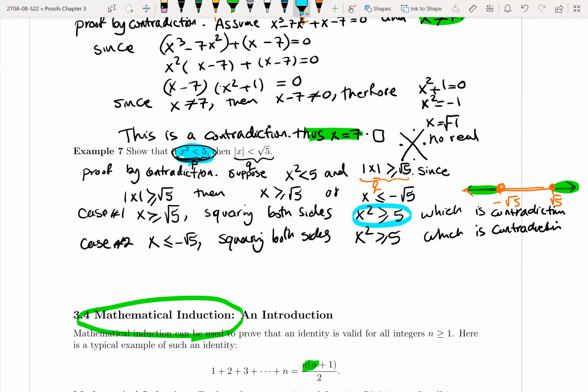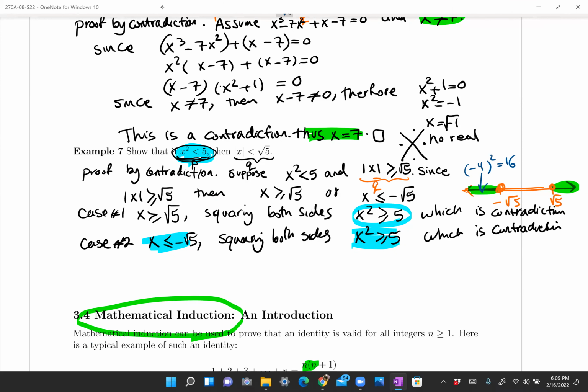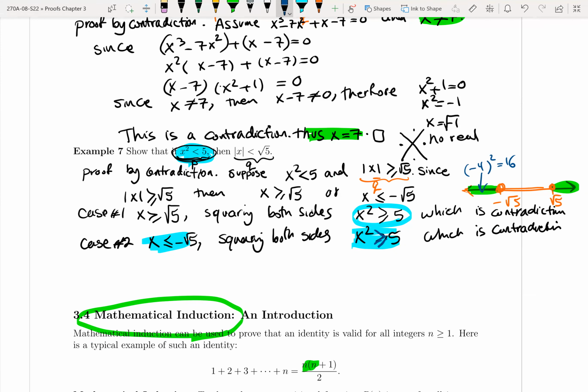This is okay. When you're raising both sides to the power of two, let's say on the left side x is less than negative rad5, you have maybe negative 4, right? But when you square negative 4 it is 16, so it's going to be bigger than 5, because the absolute value of your number is larger. So when you square it, still it's going to be bigger, okay?